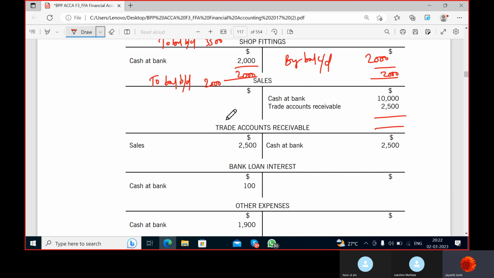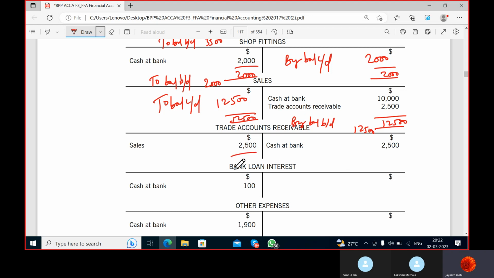So we are doing the tallying part here. To balance carried down again, by balance brought down 12,500.